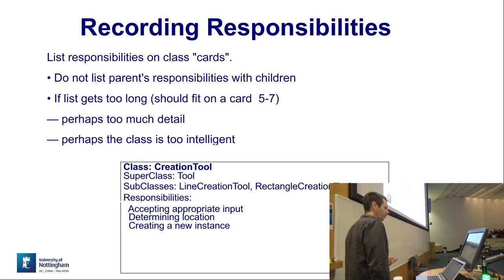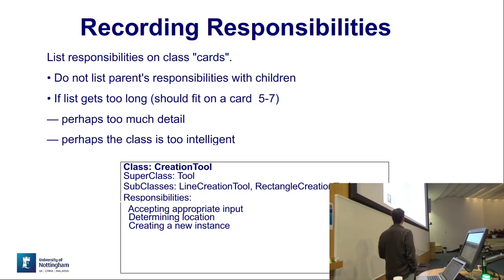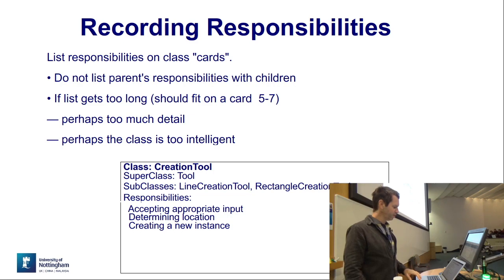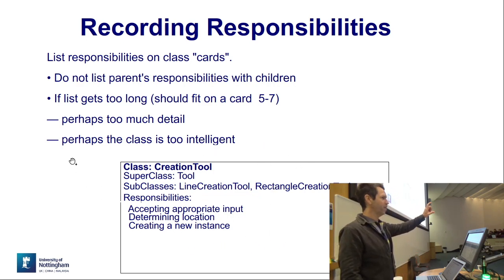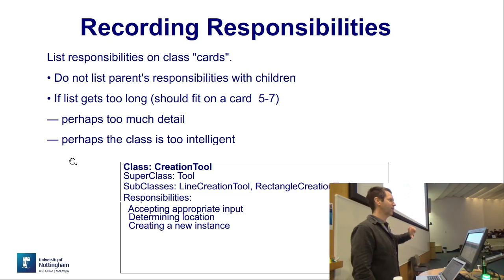By the way, how do we document our design? This is actually how we document the design. I haven't mentioned this yet. We can document the design using these post-it note style cards called class cards. So we're going from the requirement specification to our design.